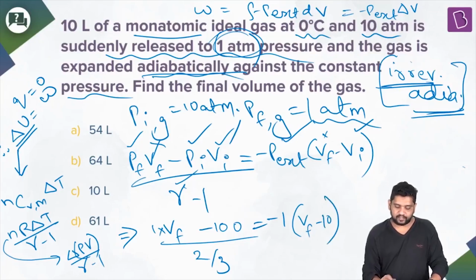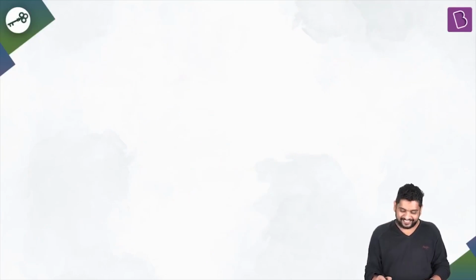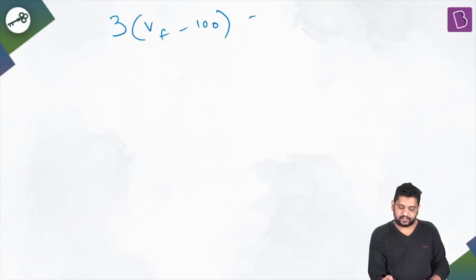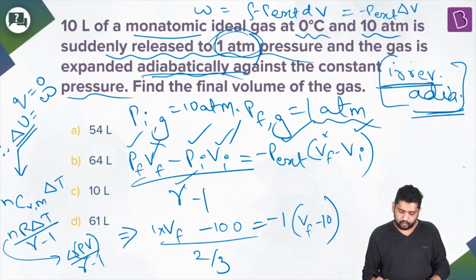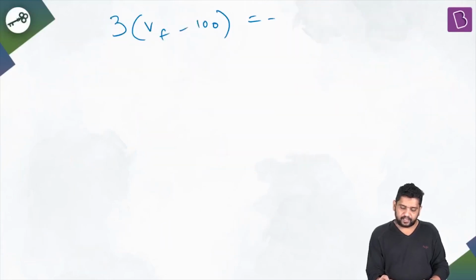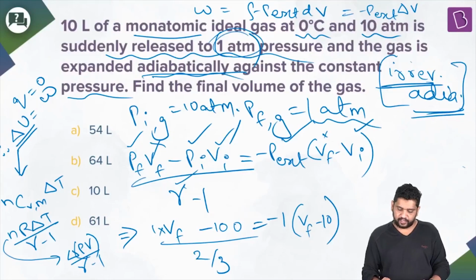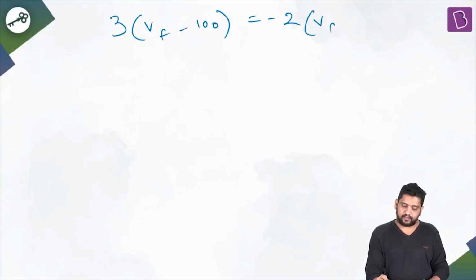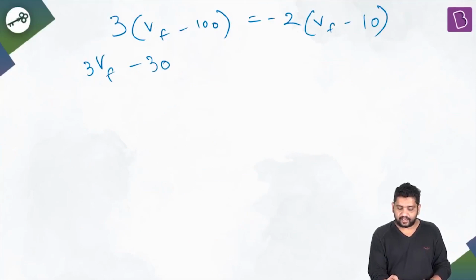Now let's try to solve this. Let's take the 2/3 to the other side and this 3 to this side. On solving, I'll get 3 into V final minus 100 is equal to minus 2 into V final minus 10. So what I'm getting is 3V final minus 300 is equal to minus 2V final plus 20.